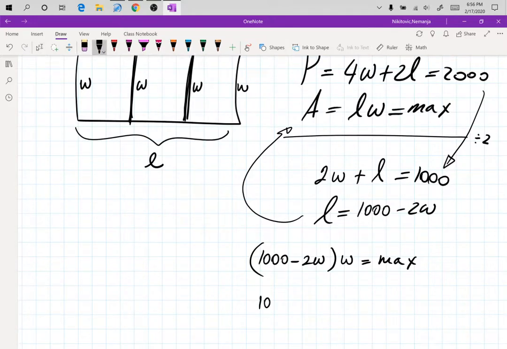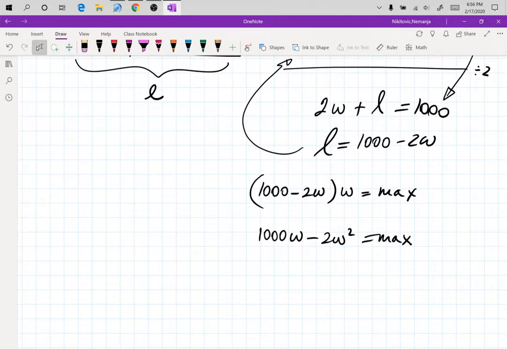That's 1,000W minus 2W squared equals A max. And now you do the green procedure, right? Factor out what? Very good. What's left? Perfect.